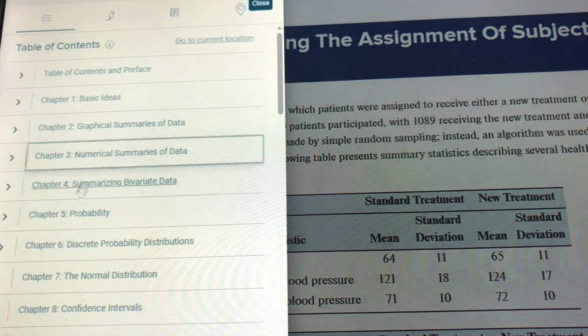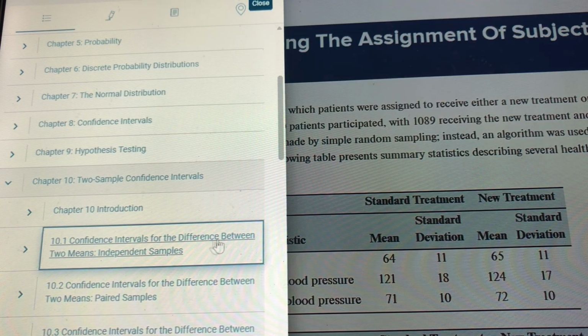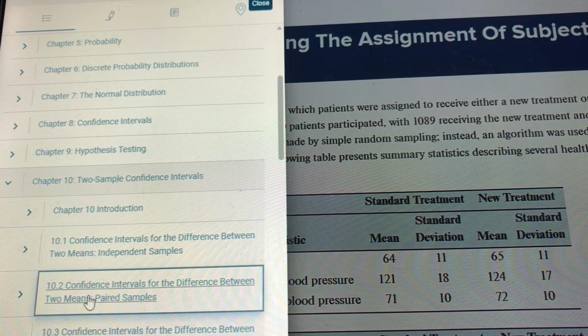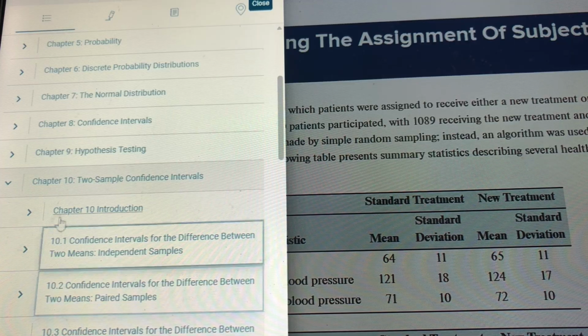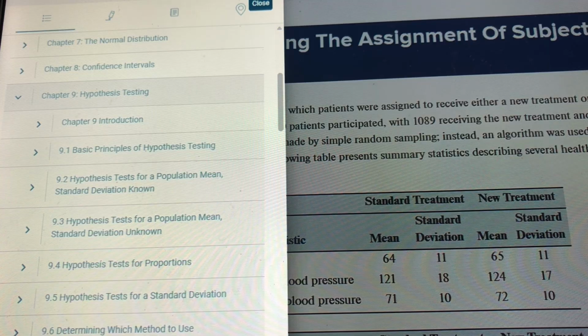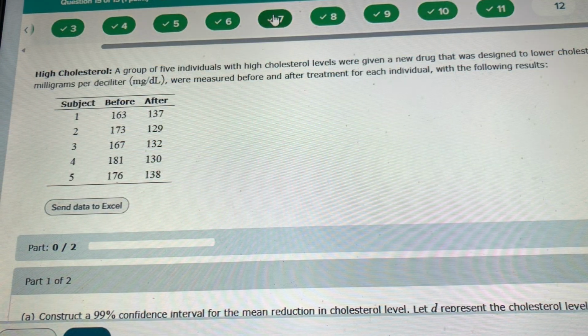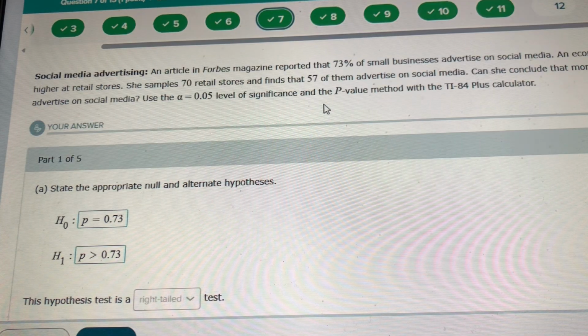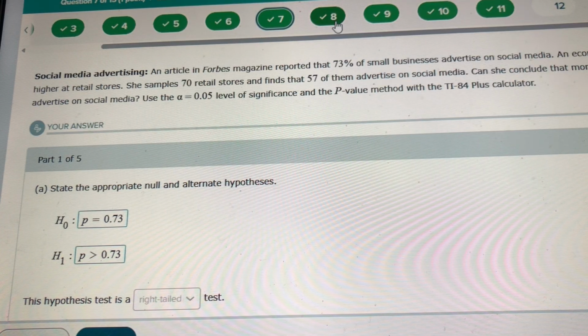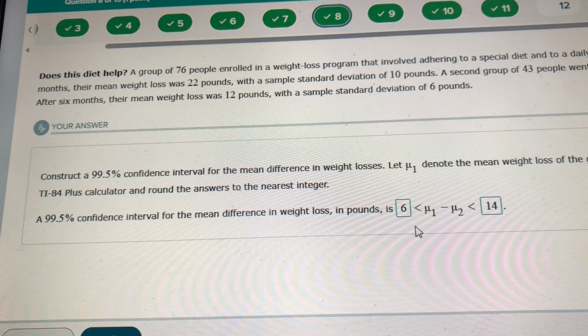It's going to take too long. Let's go to confidence interval for the difference between two means. Yeah, I'm doing some chapter 10 stuff right now. Okay. So I wasn't sure when chapter 9 ended. 9.4 was hypothesis test for proportions. So 5, 6, 7, I think that was 7. Yeah, that's proportion. 8. Okay, so I thought this was still part of that chapter, but it wasn't.